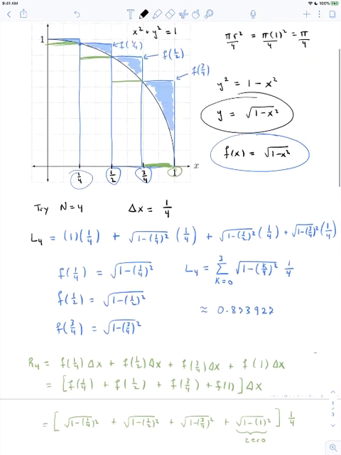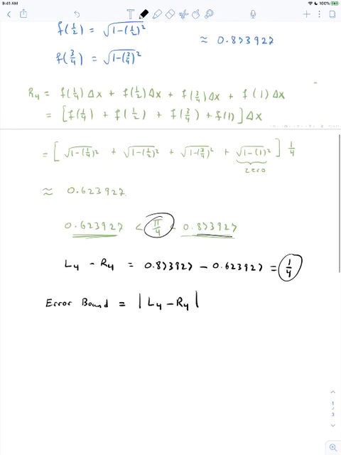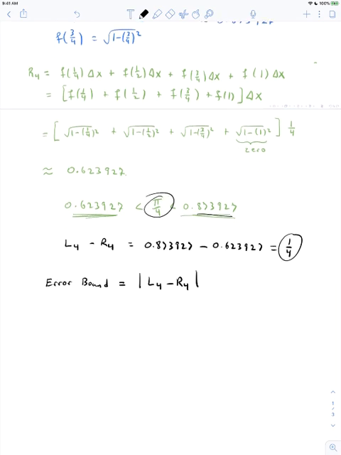That's because you know that one is an upper bound and the other is a lower bound. So that means the actual value is necessarily between the two. And since you know that it's between the two, that means you can measure the distance from either one and say that it must be smaller than the distance between the two, L4 and R4. And this is something that you can easily compute without actually doing any of the computations, because what are these numbers?